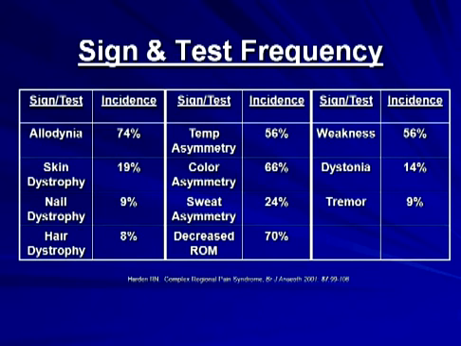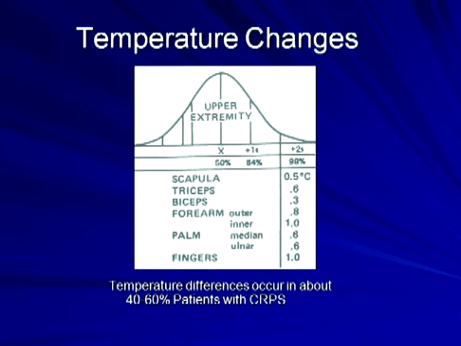Now, one of the things that we look for in CRPS is if there's a temperature difference between symmetrical points on an extremity. So in order to look for a temperature difference, we have to have an idea of what is normal and what's abnormal.